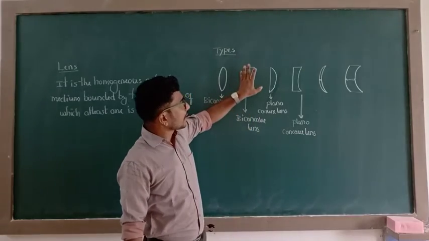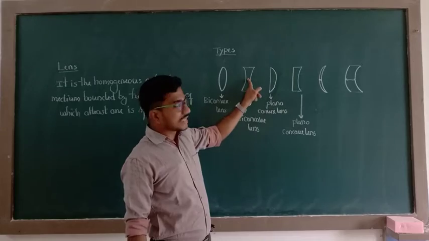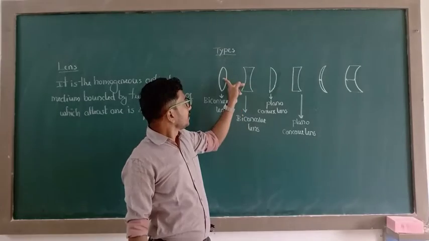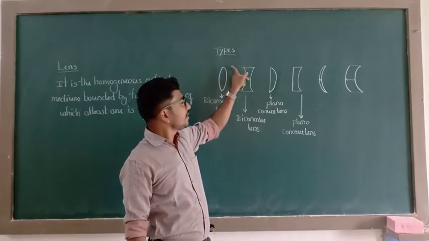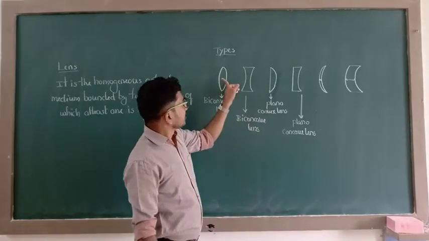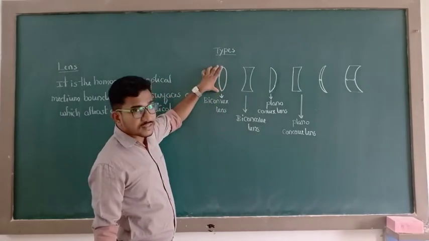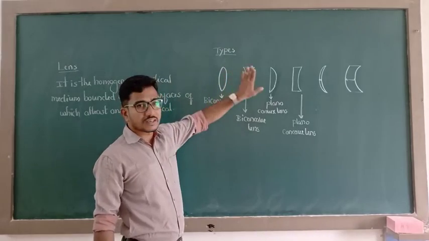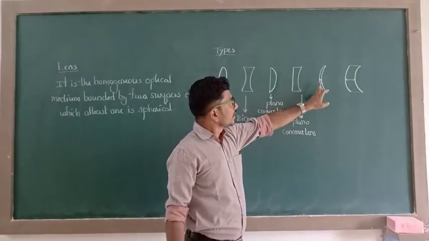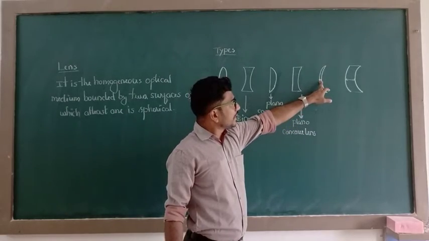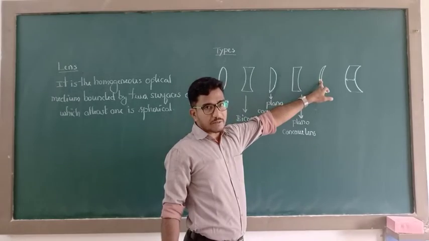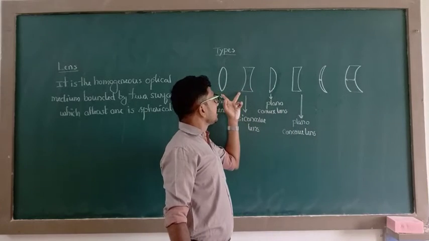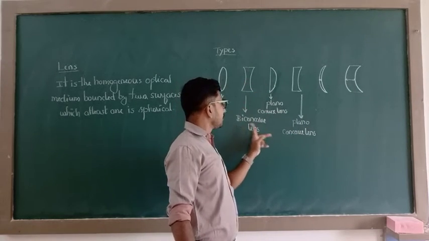So here concave means thinner at the middle than the edges, and convex means thicker at the middle than at the edges. So here at the middle thickness is minimum as compared with these two combinations. Among these two combinations, thickness is minimum at the middle in case of biconcave lens.